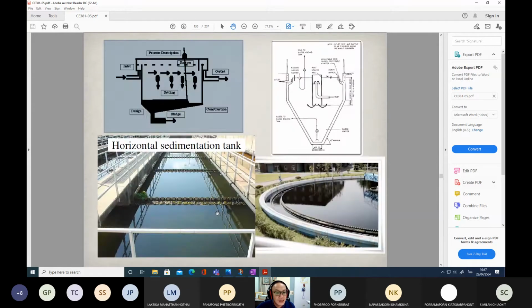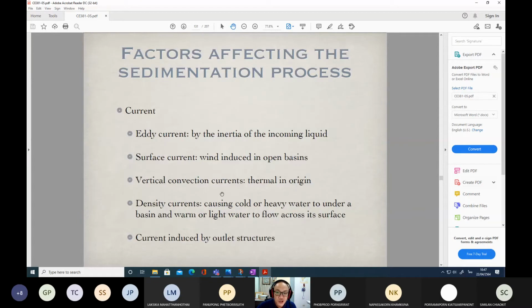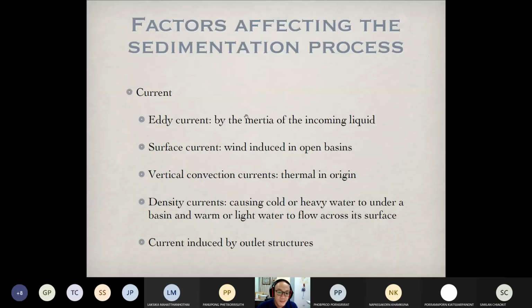There are some things we need to keep in mind during the operation of the sedimentation tank. As I told you many times, water in the sedimentation tanks needs to be kept stable. There should not be any turbulence inside. The turbulence normally comes from currents. There are several types of currents which occur inside the sedimentation tanks.